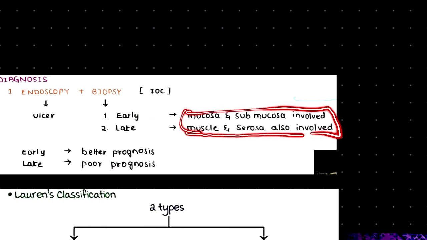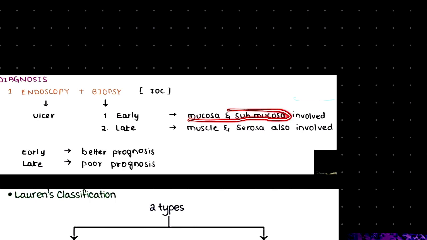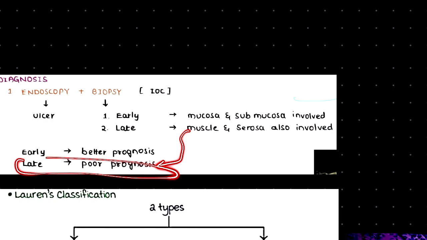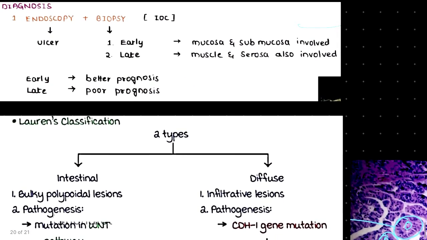And this is according to depth of invasion, right? The early one that has superficial involvement, that is mucosa and submucosa, has a better prognosis, but the late one that is a bit deeper and involves muscle and serosa has a poor prognosis, right?